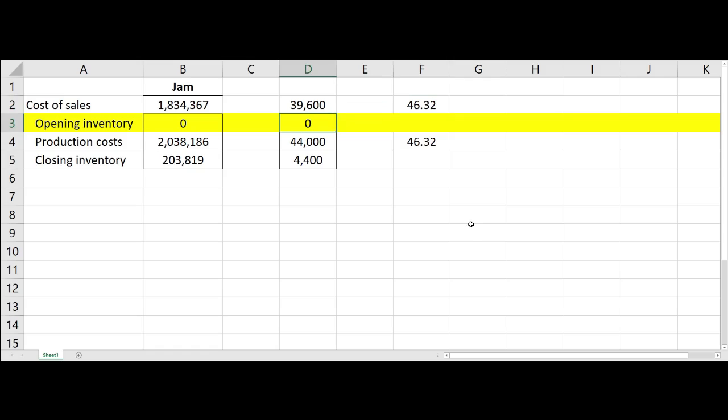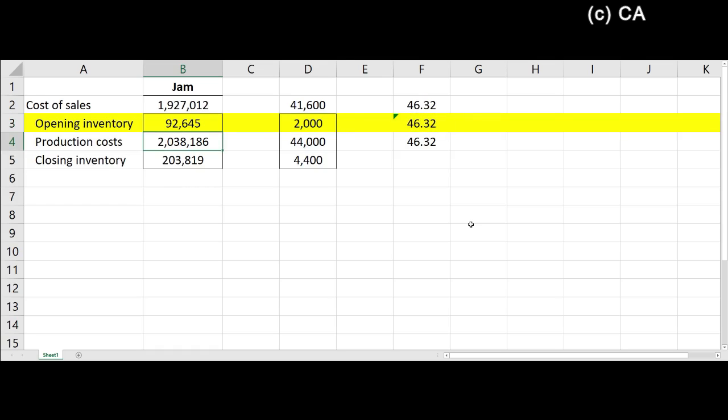So let's assume, for example, that there are 2,000 units sitting in opening inventory, but I want you to assume that your costs have not changed from the prior year to the current year. So in the prior year, your product costs were 46 Rand and 32 cents, exactly the same as what they are in the current year. So that means opening inventory would be 2,000 units multiplied by 46 Rand and 32 cents.